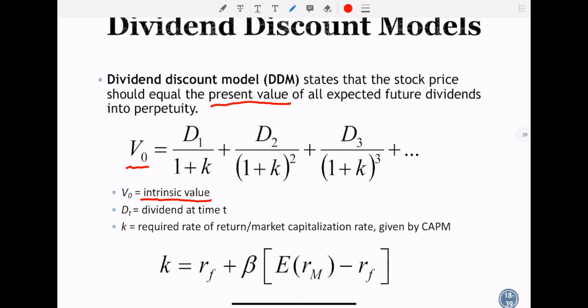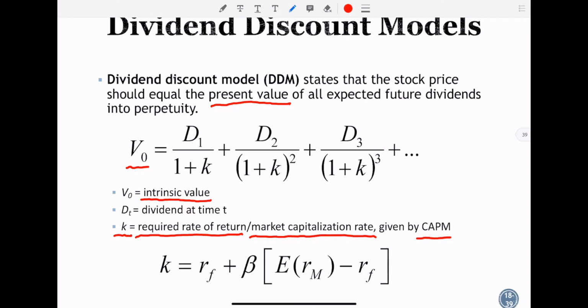As I said, what is K? K is a discount factor. How do you get K here? Well, K is also called required rate of return or market capitalization rate. To get K, you could just use CAPM. If you have finished corporate finance 2, then you can see that CAPM is the capital asset pricing model, right? You could use CAPM to calculate the equity cost.